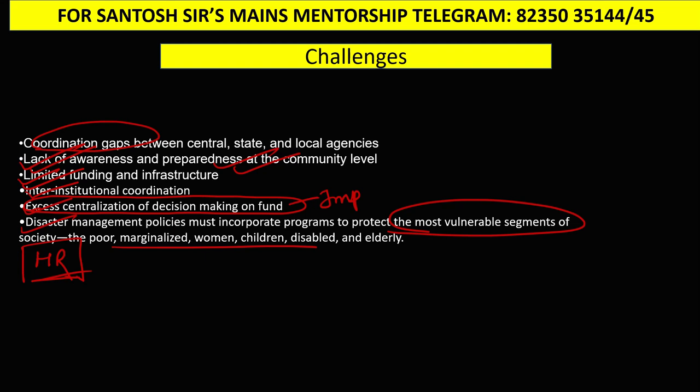So guys, you can see here, if we remember these 5 or 6 challenges, then for every question which comes, whether it is flood or earthquake, you can write these challenges in every answer, which are: coordination problem, awareness problem, funding problem, human resource problem, interinstitutional coordination problem, excessive centralization, and focus on vulnerable communities. In the conclusion, what should you write? Any disaster management question comes, what should you write in the conclusion?